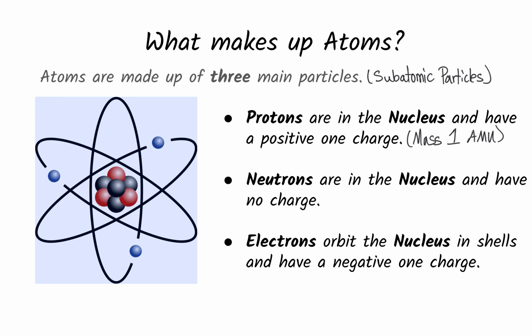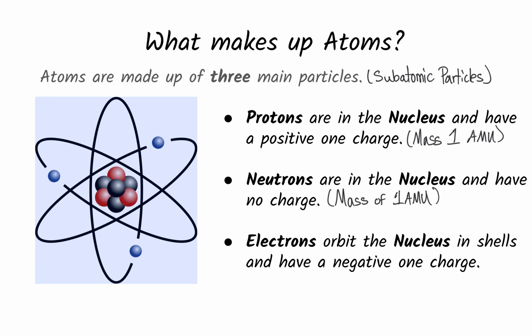They're neutrally charged, which means they have a charge of 0. However, neutrons also have a mass of 1 AMU. So if you have an element with 2 protons and 2 neutrons, each one of those has a mass of 1, so you get a total mass of 4 AMUs for a helium atom in this case.